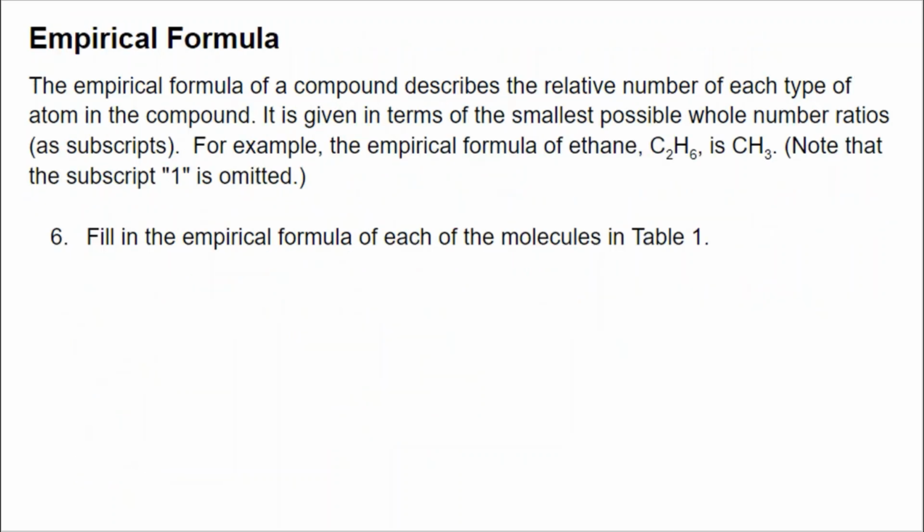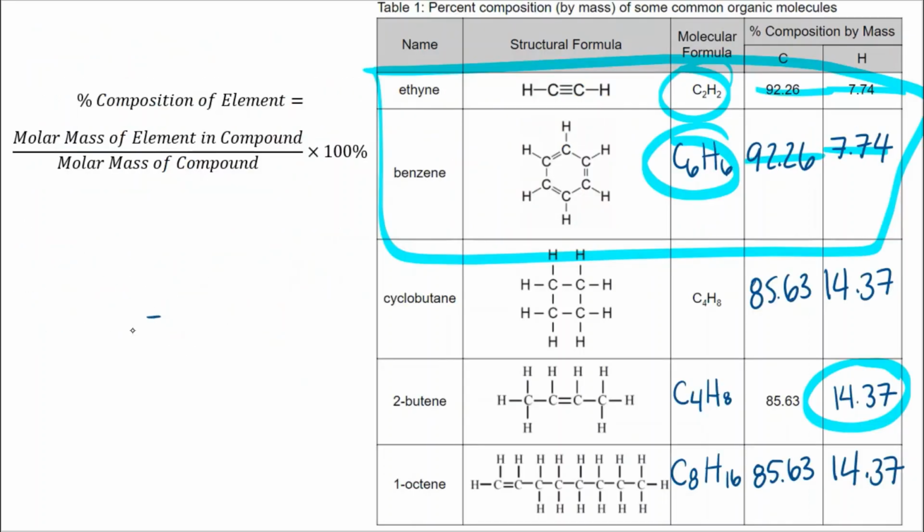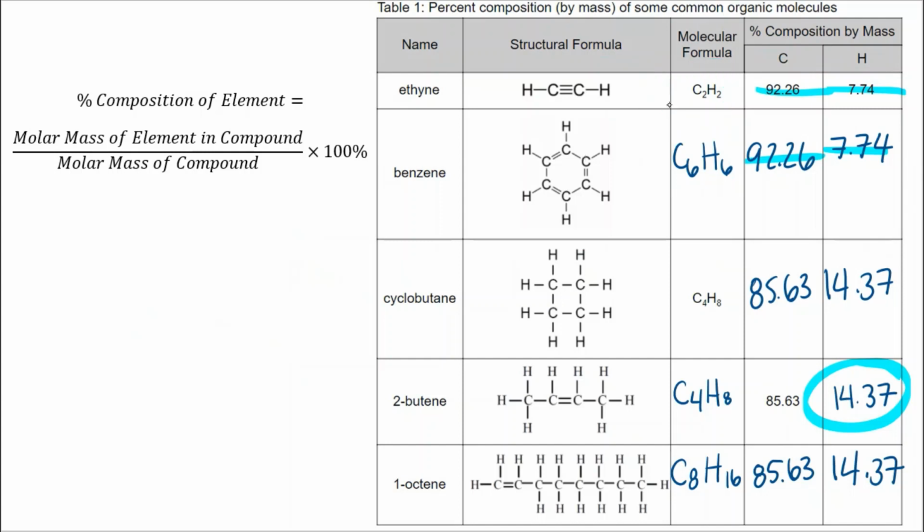Question 6 says to fill in the empirical formula of each of the molecules in table 1. So our empirical formula is going to be the simplest ratio of elements in a compound. So we can simplify ethyne. We've got C2H2. We can just simplify that to CH. Same thing with benzene.